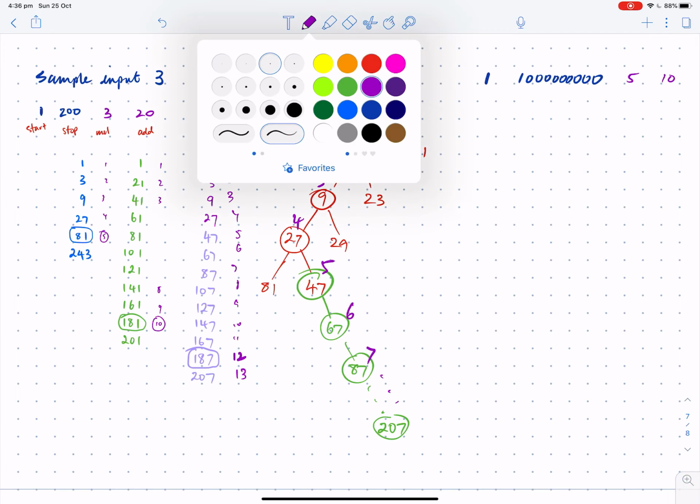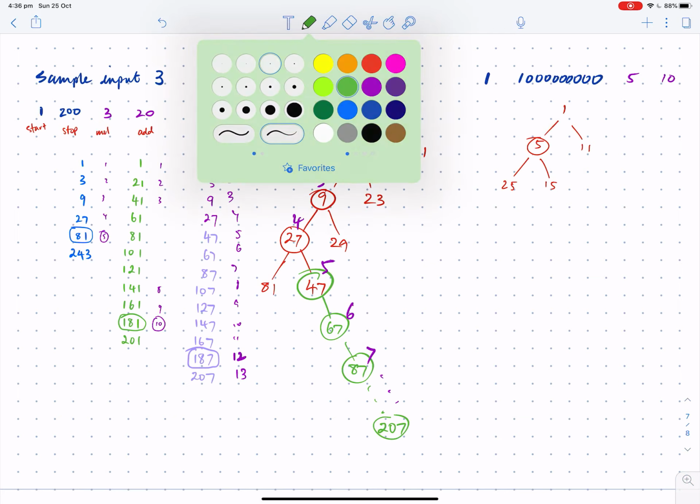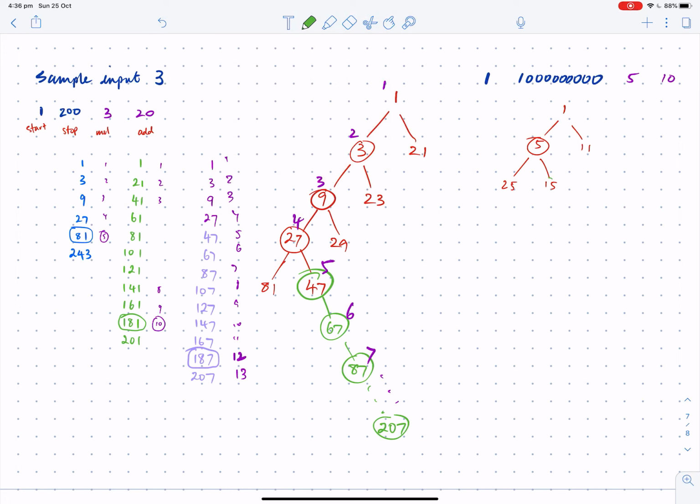Now, if I play out the tree a little bit, start at 1, you can either multiply by 5 or you can add 10. All right, we'll take that. Okay, you can multiply by 5 or you can add 10. Okay, and adding is the better thing to do here.